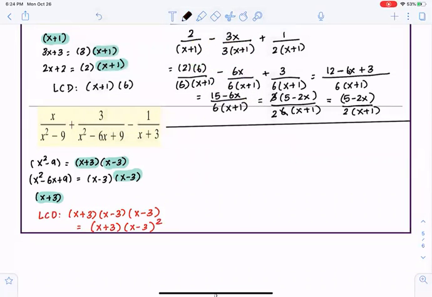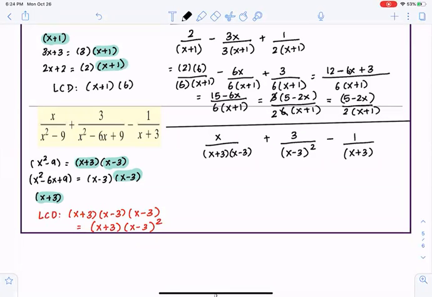So if we go back and rewrite each term, we will have x divided by x plus 3 times x minus 3, plus 3 divided by x minus 3 squared, minus 1 divided by x plus 3. So we have x plus 3 and x minus 3 in the first denominator.